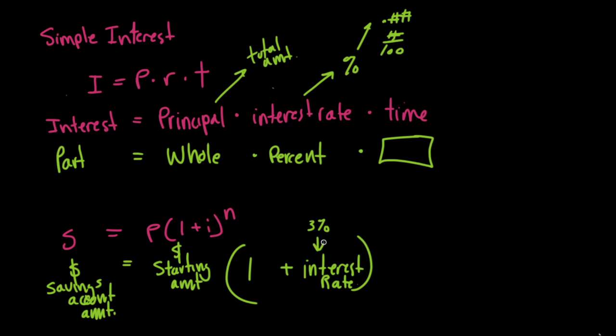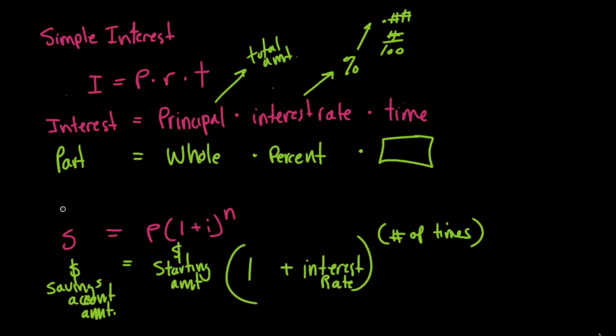Now once again, you can't pop in 3%, you have to do it either as a decimal or as a fraction. And then what happens is after you've put those pieces of information in, the last thing that you have to put in is n, where n corresponds to the number of times that this interest is applied. So in other words, if something is compounded 3 times a year or 4 times a year, you'll put in the number 4 into the spot for n.